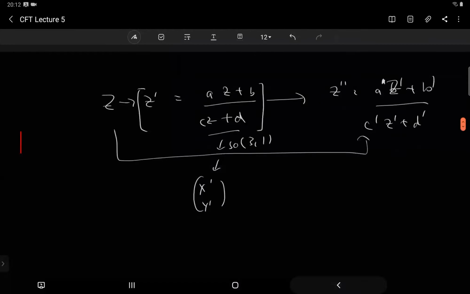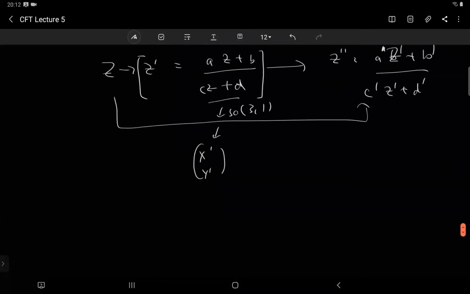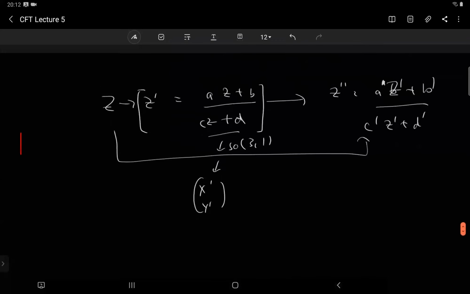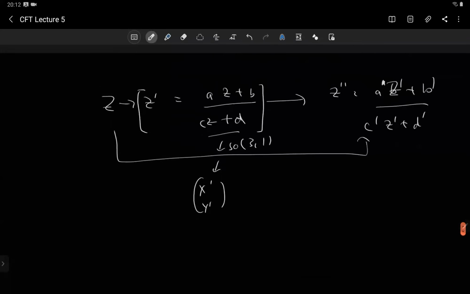All right. So then the question is, in terms of this, how do you see that it's a group? Because SO(3,1) is a group. So that is what we're trying to check: if you do two of them, it should be the same as doing a single one, because that is a property of a group. Z double prime should be A double prime z plus B double prime over C double prime z plus D double prime.